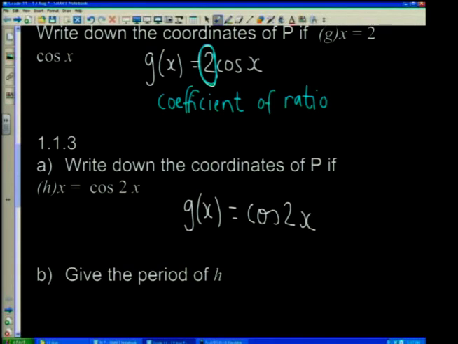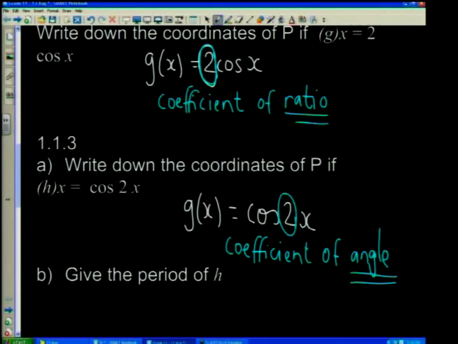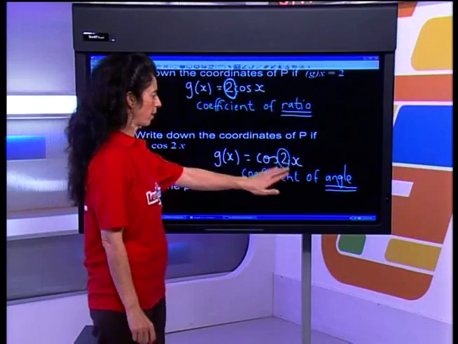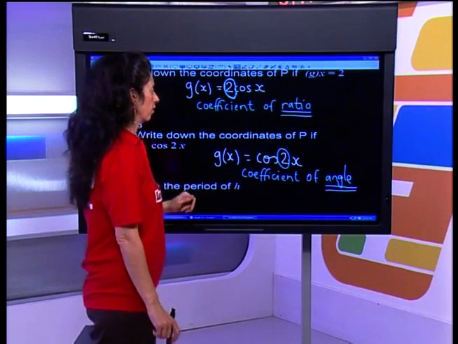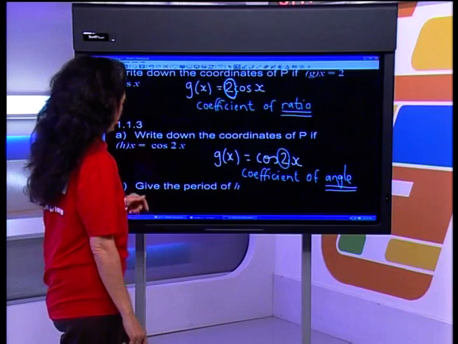And over here, we have the coefficient of the angle. What will happen if you double your ratio? What will happen if you double your angle? How will that affect the graph?